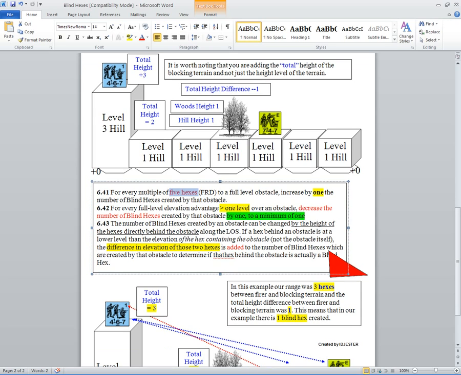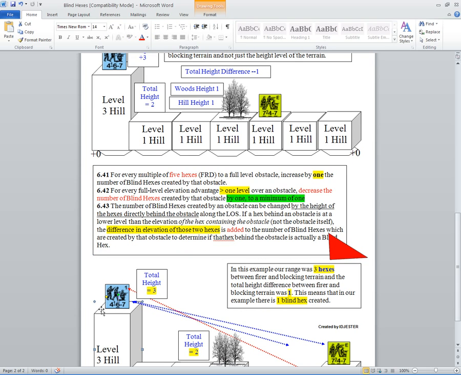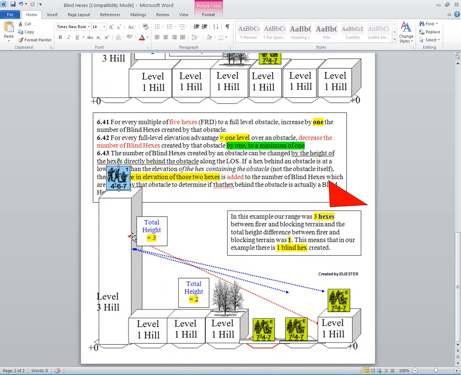When we're talking about height advantage, obviously, if our unit has a severe height advantage, its line of sight is going to be way more elongated down, so I might actually be able to see right over the obstacle, depending on its height.